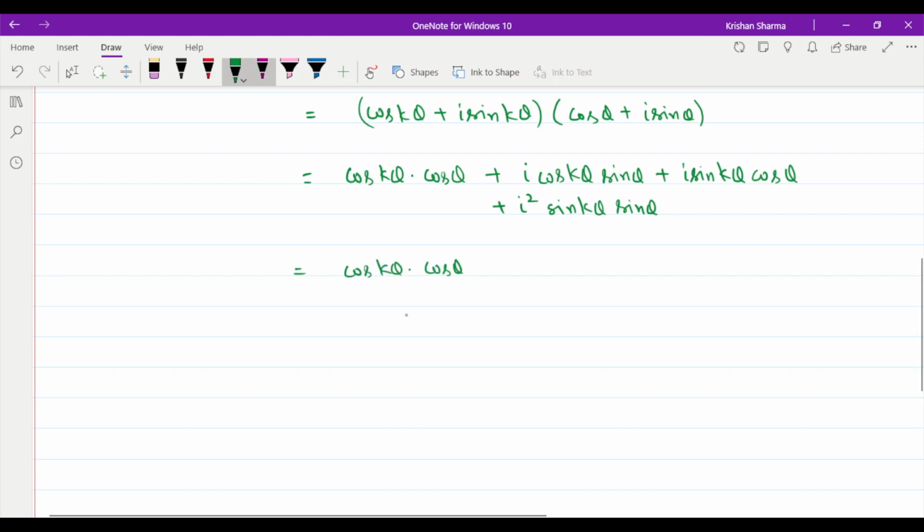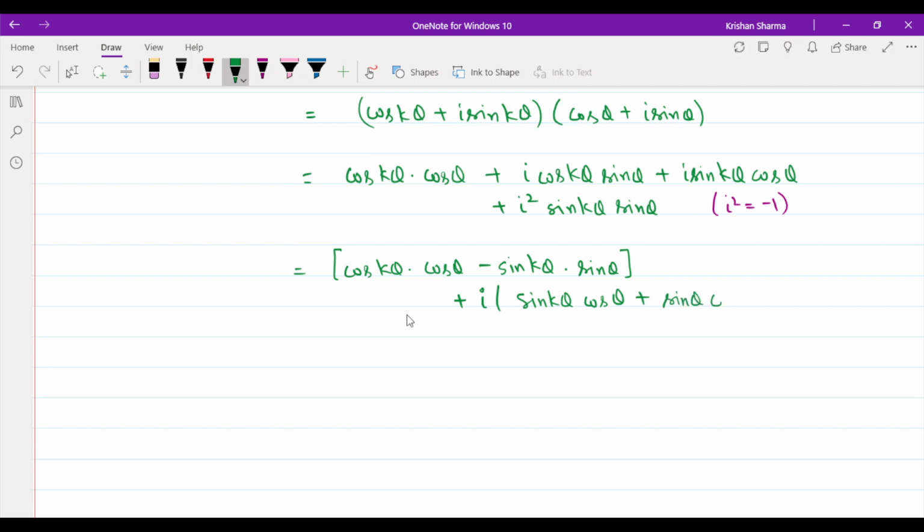Now iota square is equal to -1. So using that, we can write it as cos k theta cos theta minus sin k theta sin theta. This is our real part. Now taking iota common from the imaginary part, we get sin k theta into cos theta plus sin theta into cos k theta.